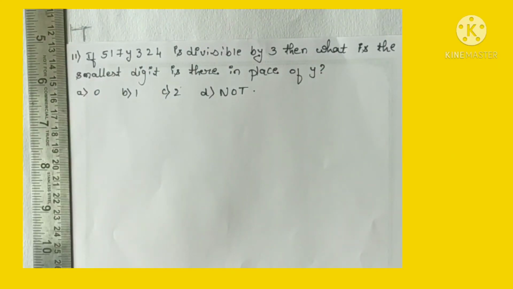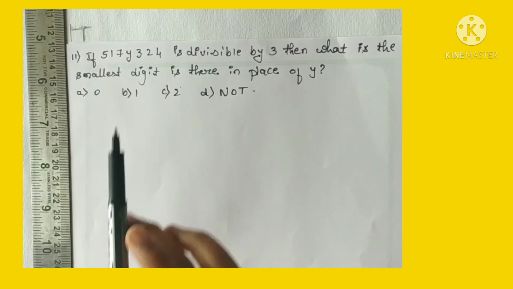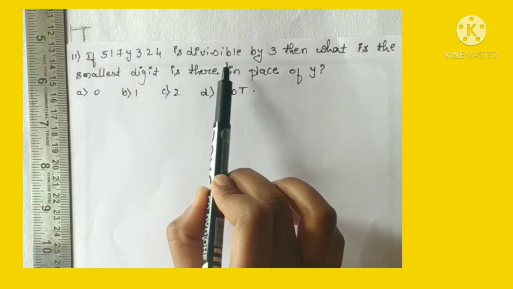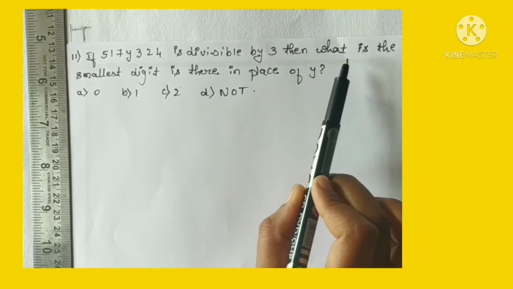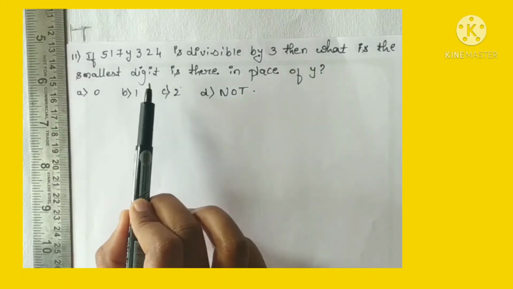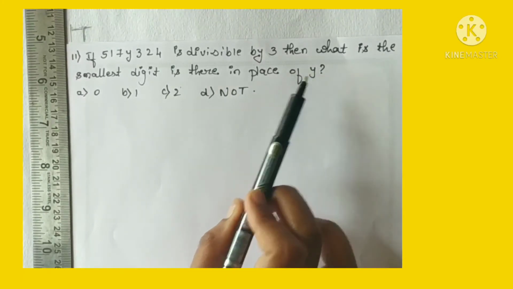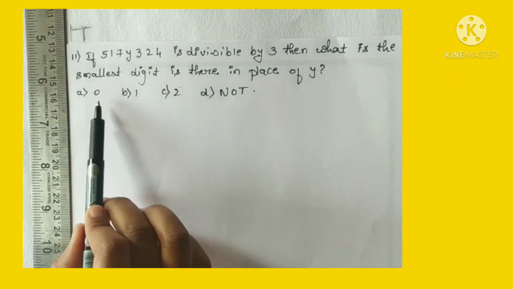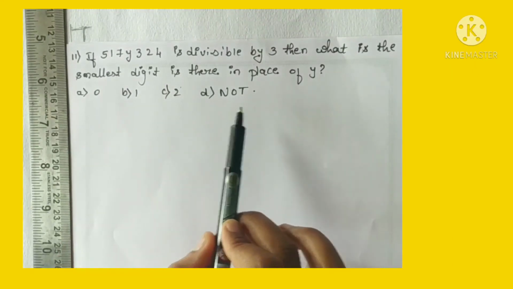Question number 11. If 517y324 is divisible by 3, then what is the smallest digit in place of y? The given options are 0, 1, 2 and none of these.